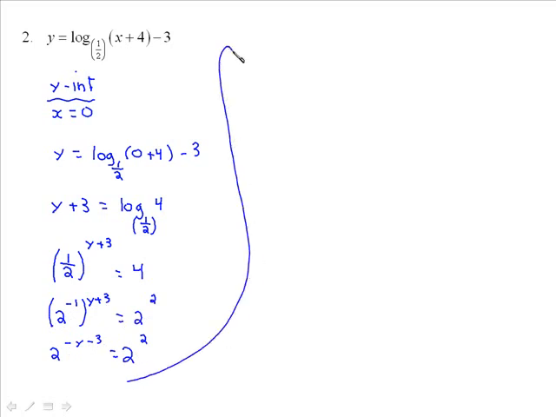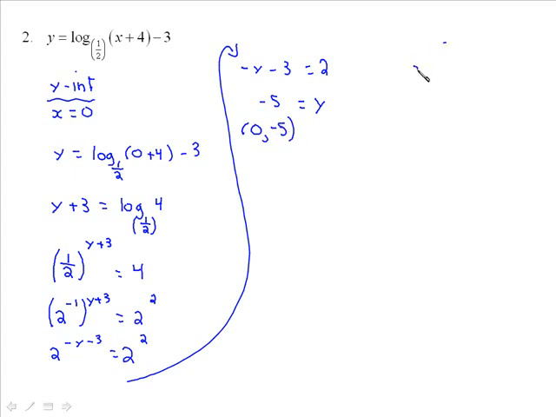We can now drop the bases and get negative y minus 3 is equal to 2. So just deal with those exponents. I'm going to take the negative y over to the right side to make it positive. And then I'll subtract 2 from both sides, giving me y is equal to negative 5. And if you wrote this as an ordered pair, you would say x is 0 and y is negative 5 for your y-intercept.